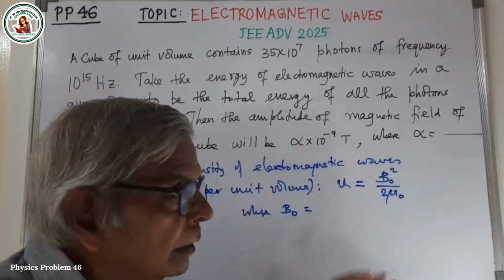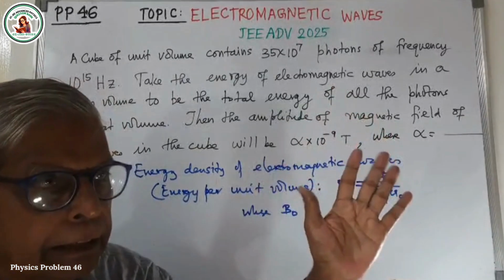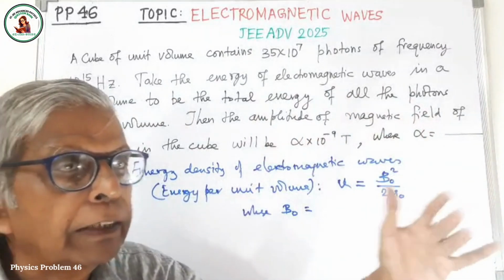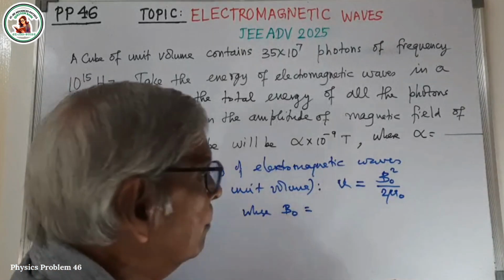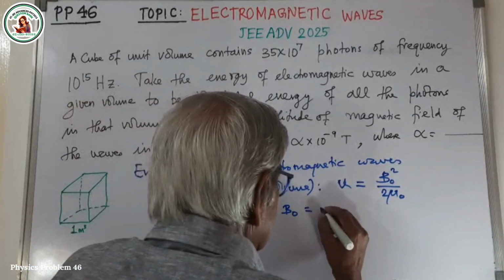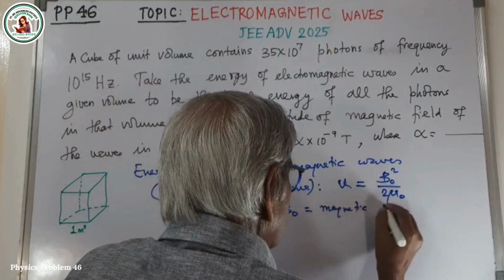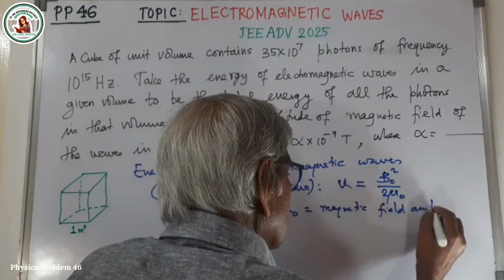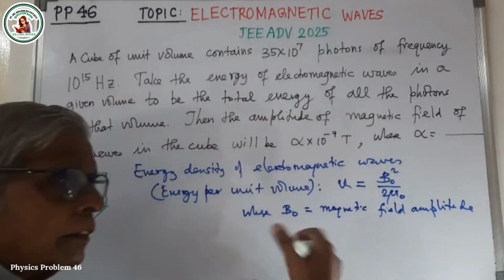Electromagnetic wave means it consists of electric and magnetic fields at right angles. So the electric field has a maximum value, and the magnetic field also has a maximum value. This B naught is the maximum value of the magnetic field, the magnetic field amplitude. So energy density you can express in terms of the electric field as well as the magnetic field.